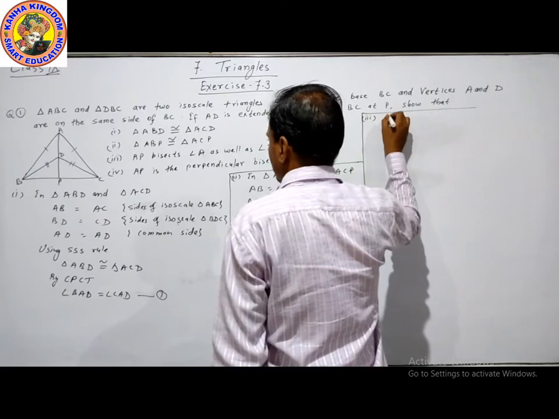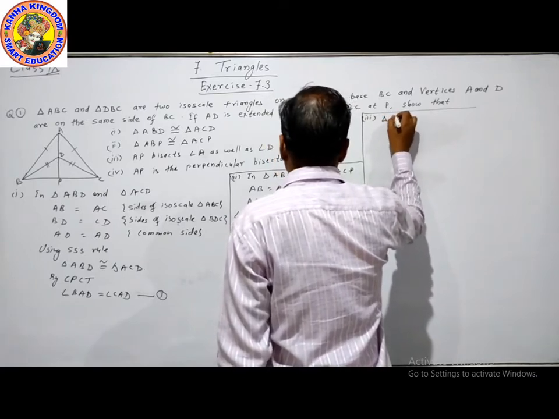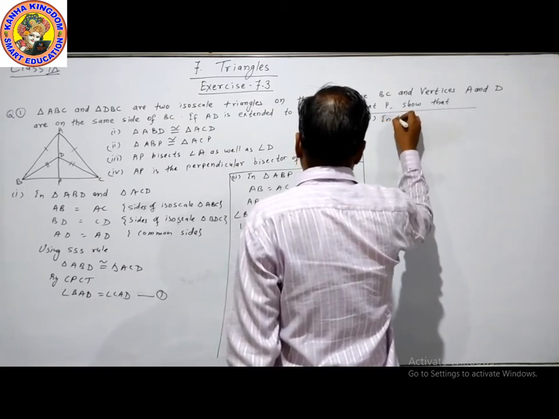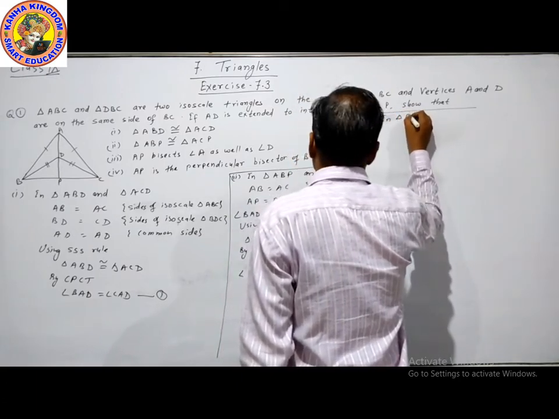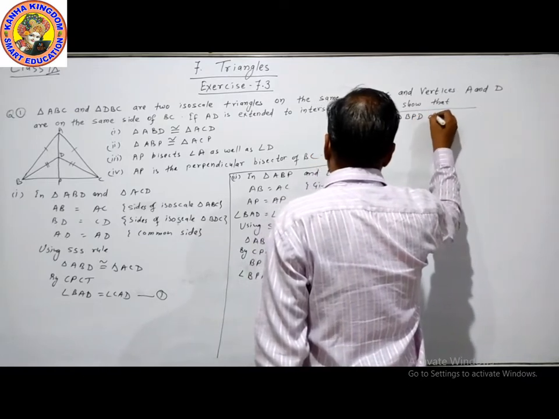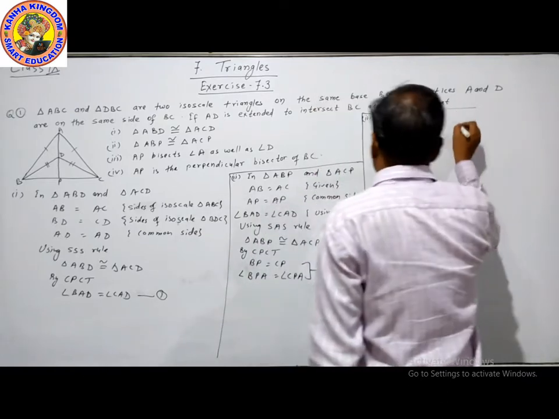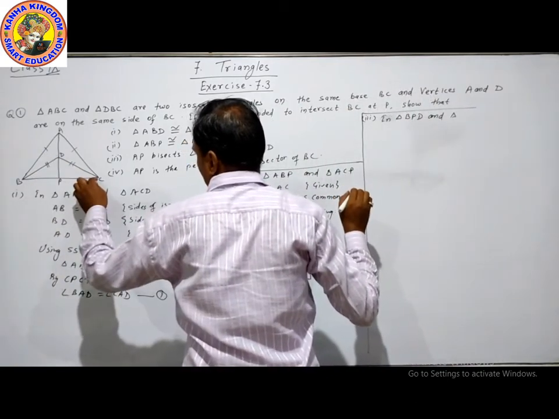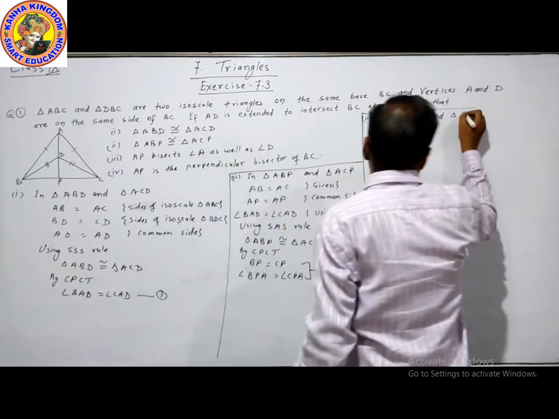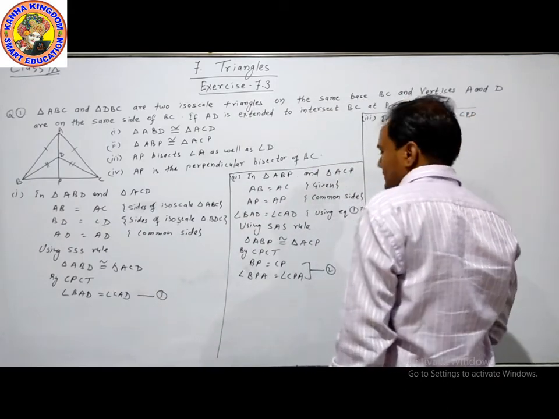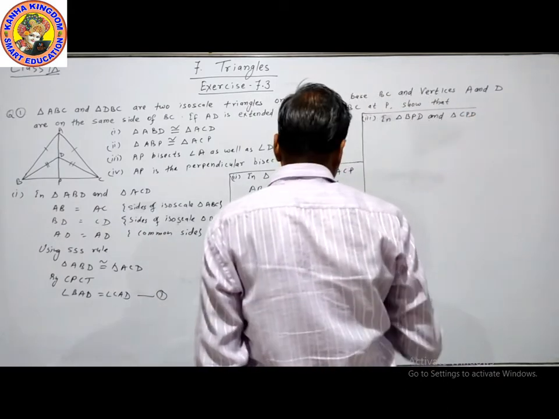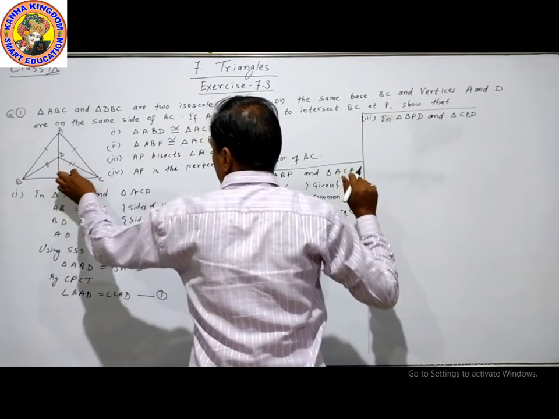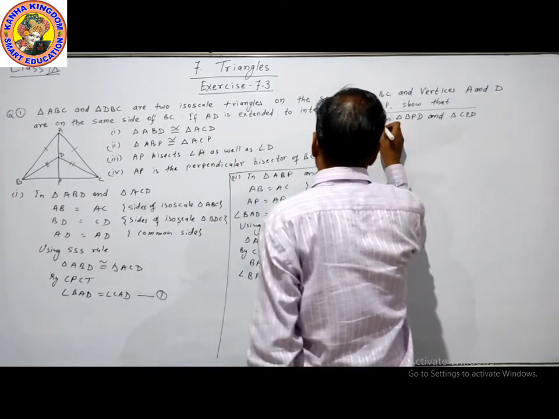Question number 3, we take triangle BPD and triangle CPD. There are two triangles. BD and CD is equal, given.